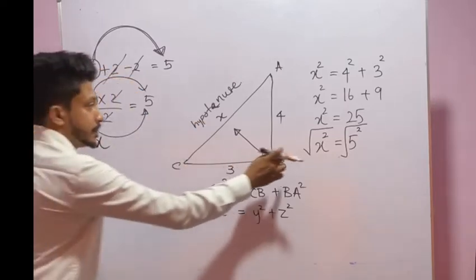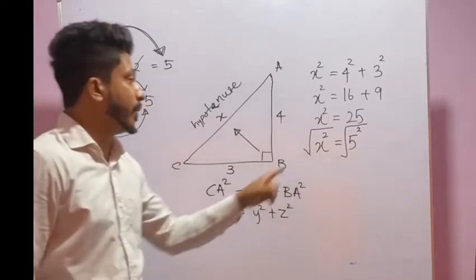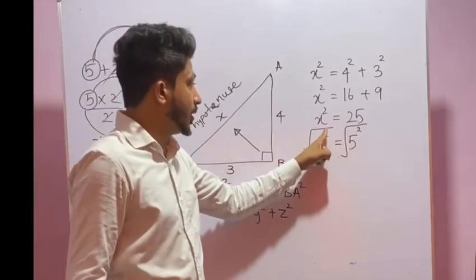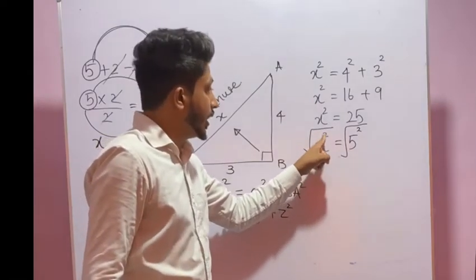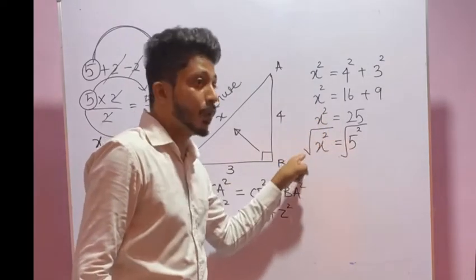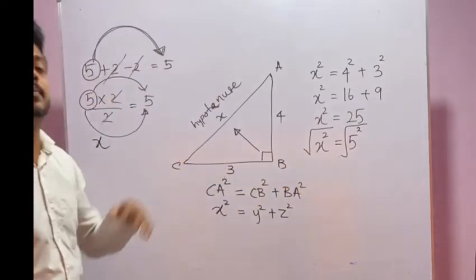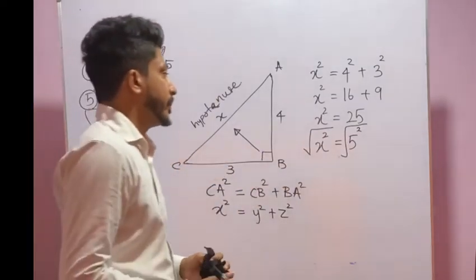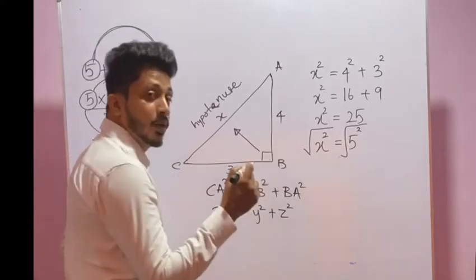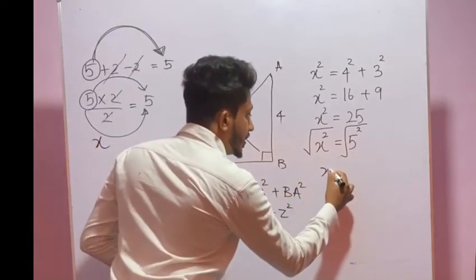Likewise, here we have performed two opposite mathematical operations with the same magnitude. That means square and square root are two opposite mathematical operations, so it will give the original number, that is X.